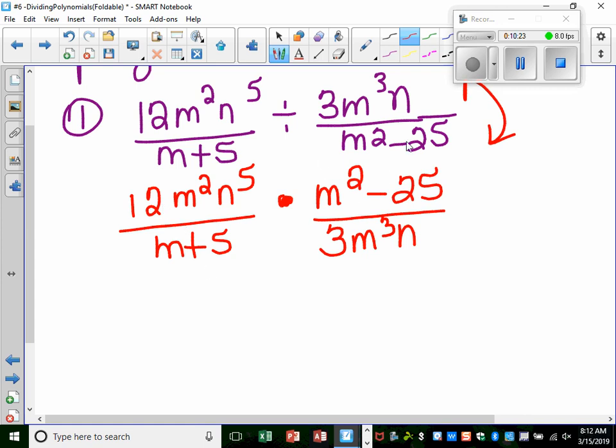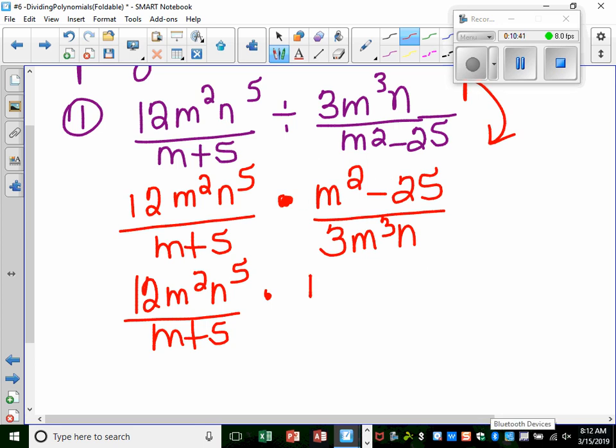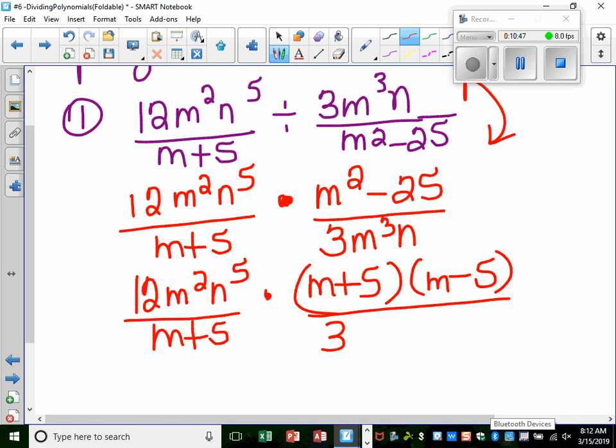We need to factor this m squared minus 25. So how do we do that? Is that a special case or not? Is m squared minus 25 a special? Yes, it is. All right, so we just take the square root and say m plus 5 and m minus 5. So you got to recognize the special cases.